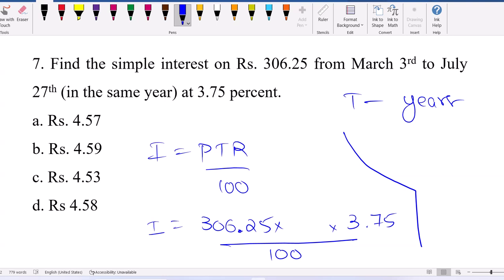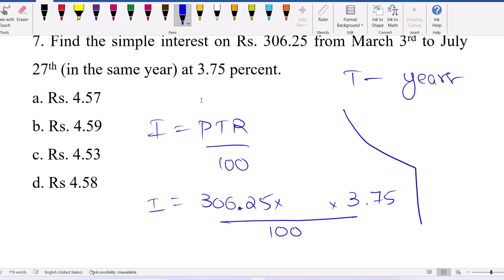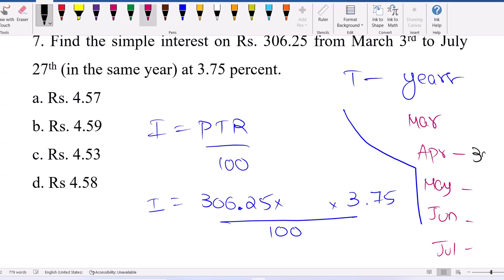From March 3rd to July 27th, what are the months involved? Please list them all. March, April, May, June, July. April is fully involved, so 30 days in April. I think there's no doubt for you regarding that.